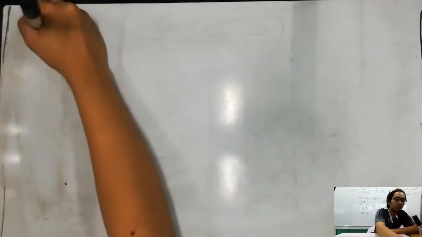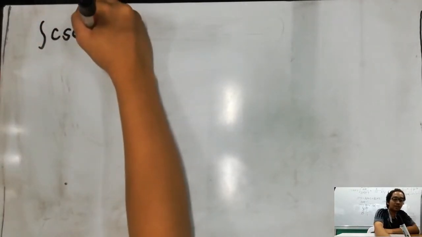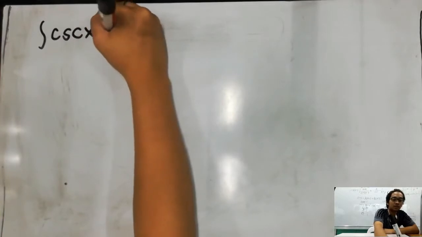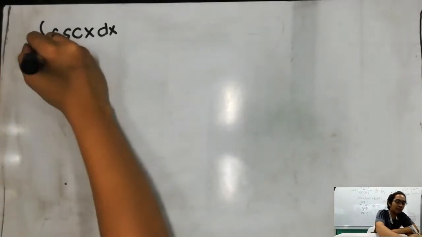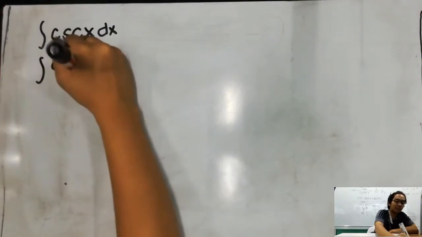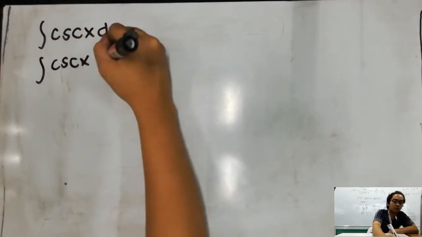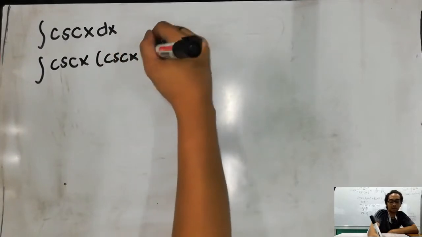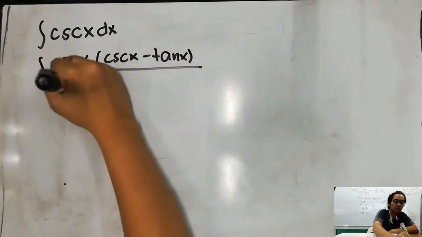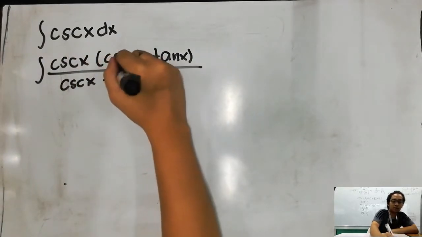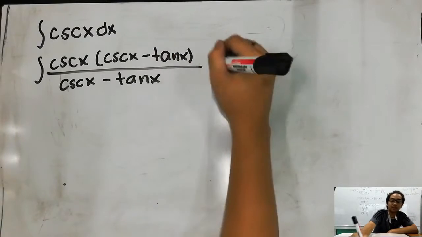The same is true when we solve for the integral of cosecant x dx. You may pause this video so that you can answer on your own. Multiply the integral of cosecant x by cosecant x minus tangent x over cosecant x minus tangent x dx.